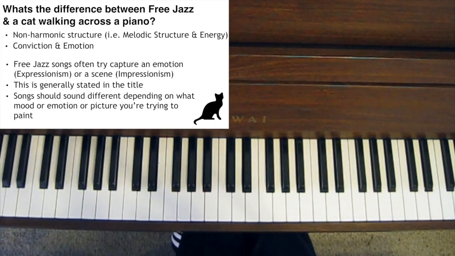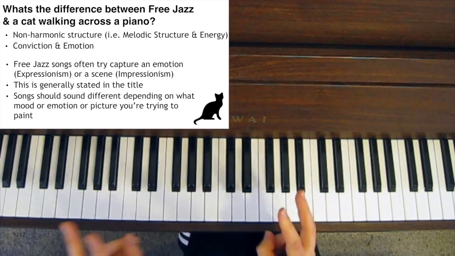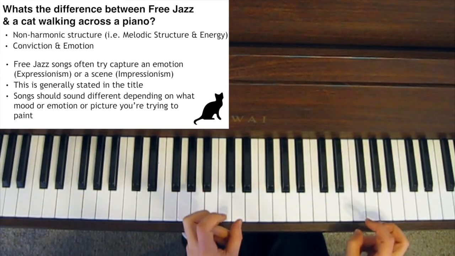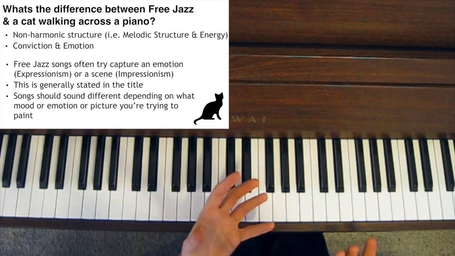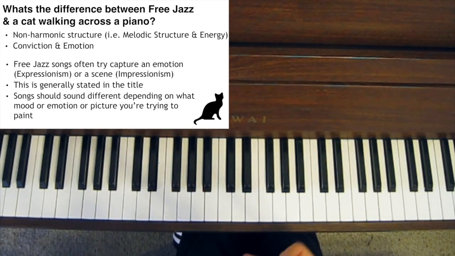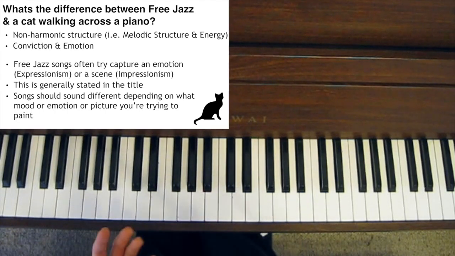So free jazz often tries to capture an emotion or a scene. That is, it's often expressionistic or impressionistic. And this is generally stated in the title of the song. For example, a song called Peace is about peace. A song called Lonely Woman is about a lonely woman. And so the song and the improvisation should sound different depending on what mood or emotion or picture you're trying to paint.